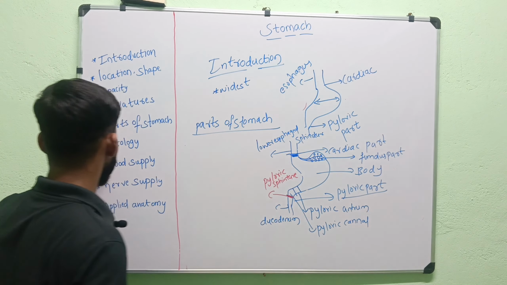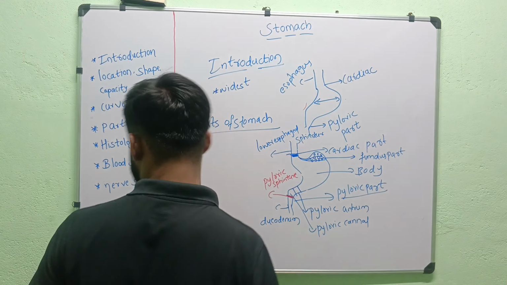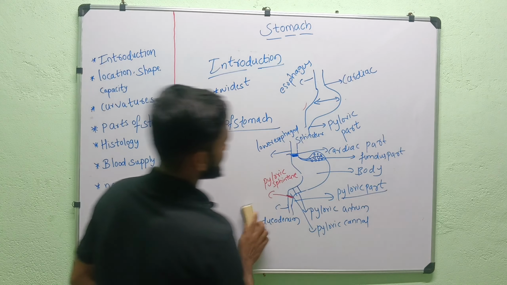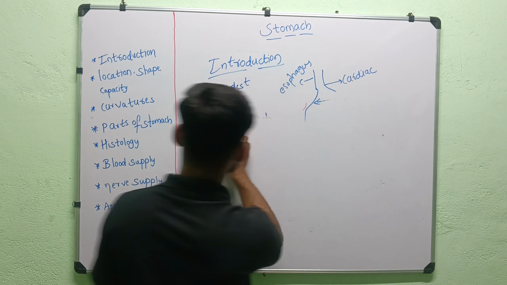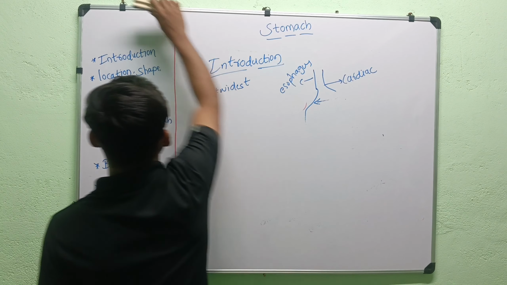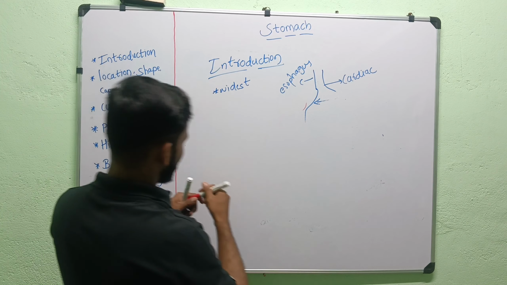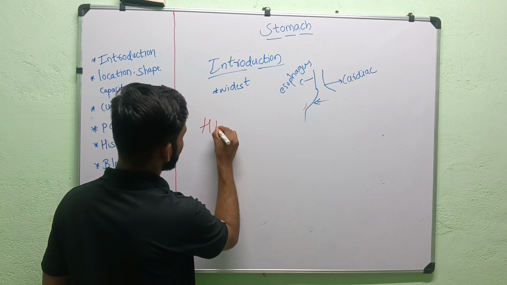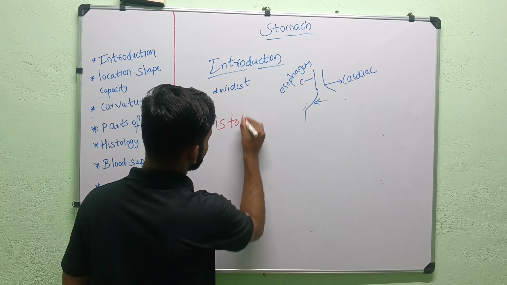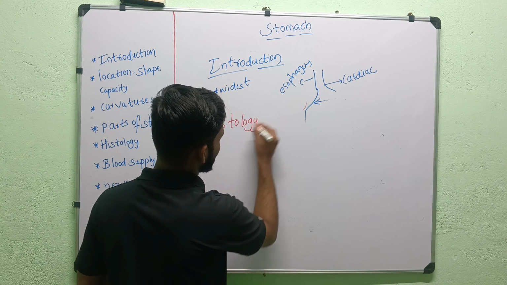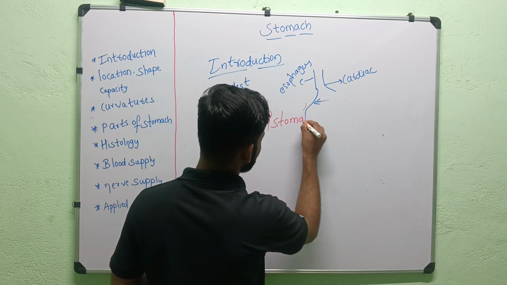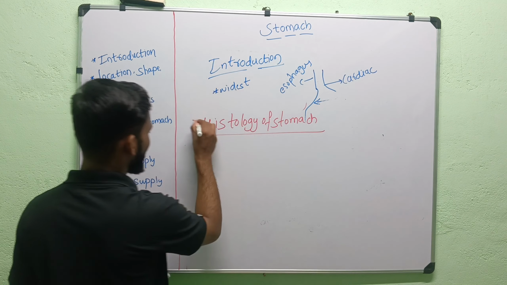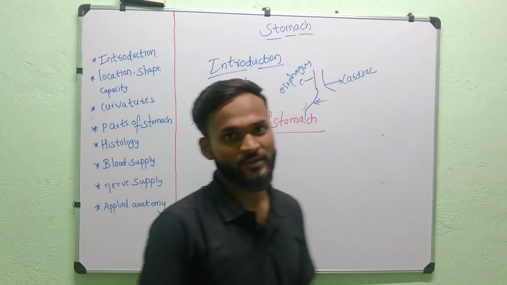It is all about the parts of your stomach. Next we are going to discuss the histology of your stomach. In histology, we are going to discuss the different layers.